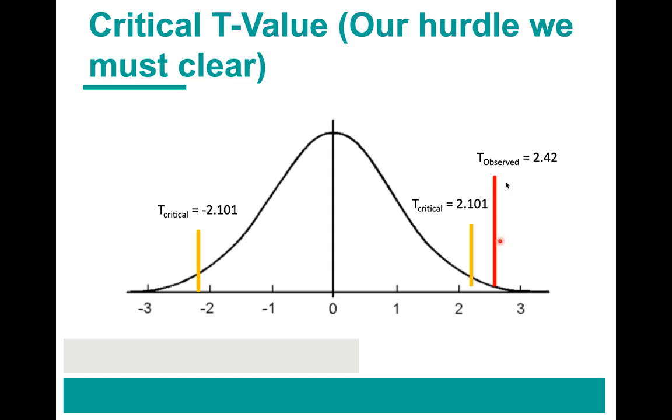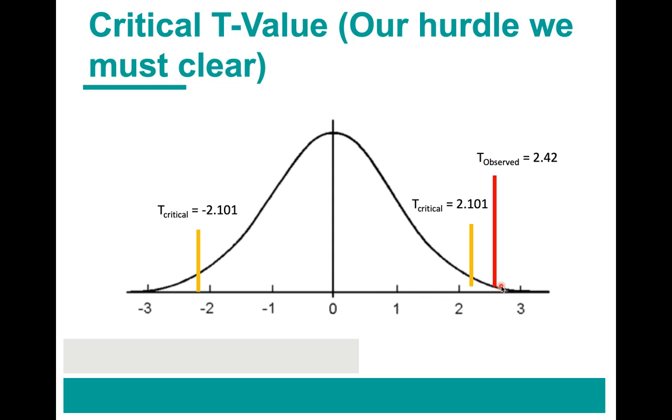That's right here, the red line. Our red line is more extreme than our benchmark, right? We have exceeded the critical value, which means that the groups significantly differ. The difference between expressive writers and non-expressive writers is so extreme, right? It's way out here in this extreme uncommon area of the curve. It's so extreme that we are convinced.